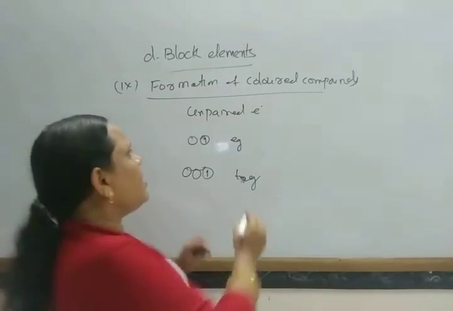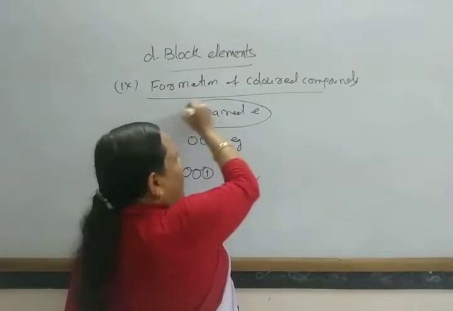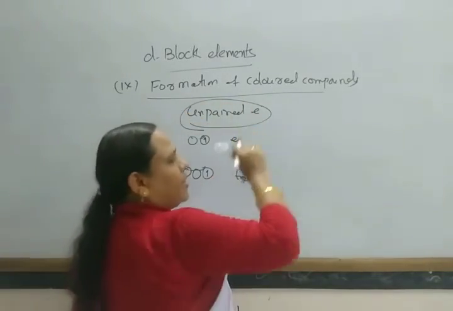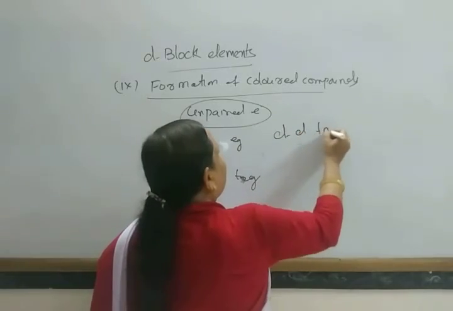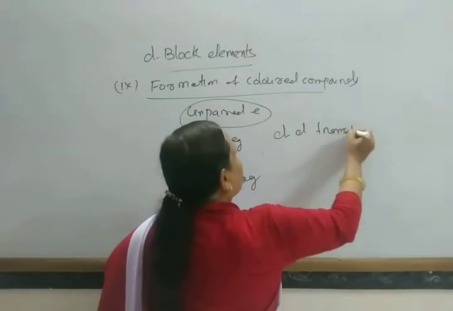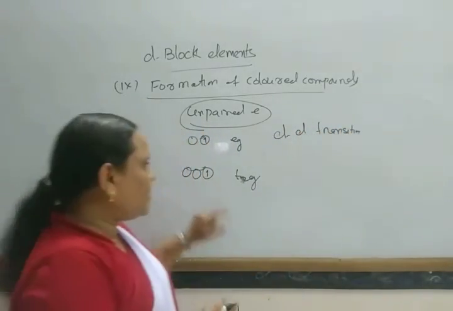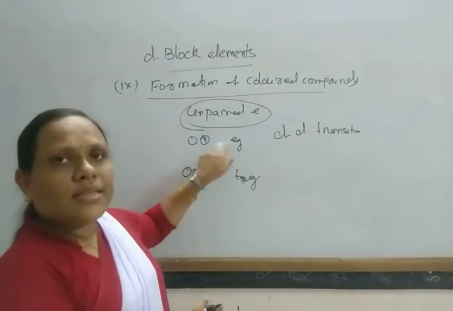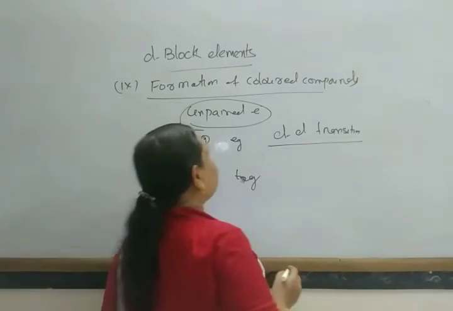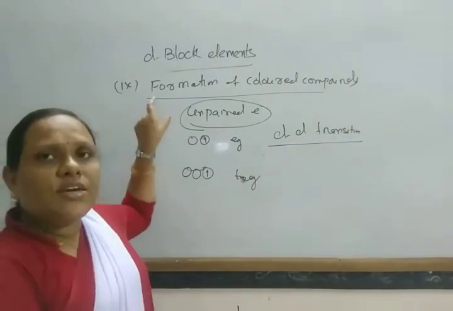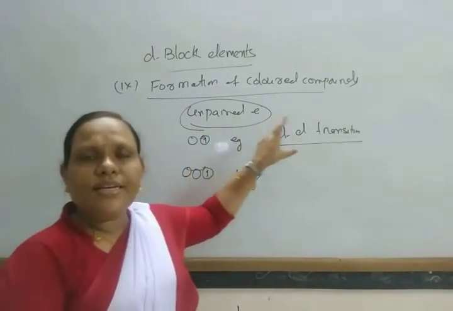So due to the presence of unpaired electrons in d orbitals and this d-d transition, within the same subshell, one d orbital to another d orbital transition takes place. That is called d-d transition. These transition elements exhibit color.